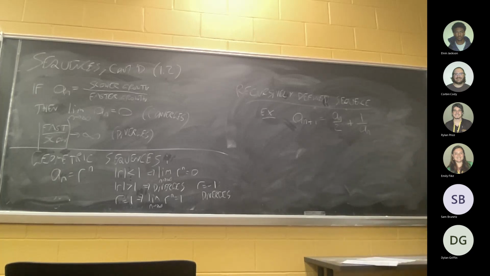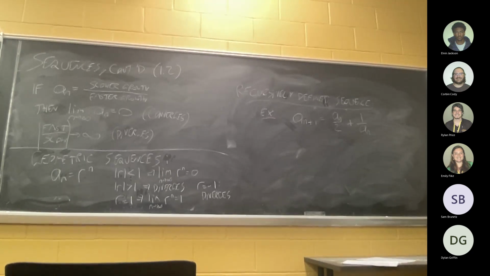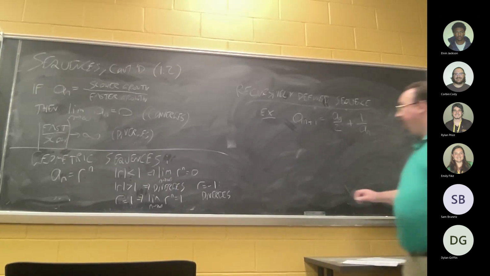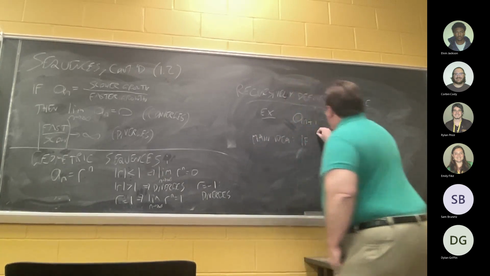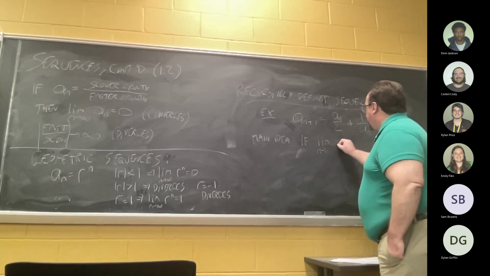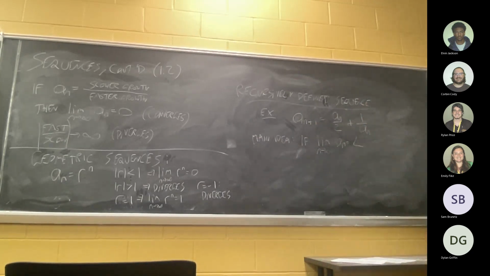Now we're going to simplify matters by assuming that we somehow know the sequence converges, and then from there we're going to get the limit. Sometimes a sequence like this might not converge. So the main idea: if the sequence converges to some limit that I'll call L, and right now we don't know what L is, then the limit of a slightly modified sequence a_{n+1} will be the same.